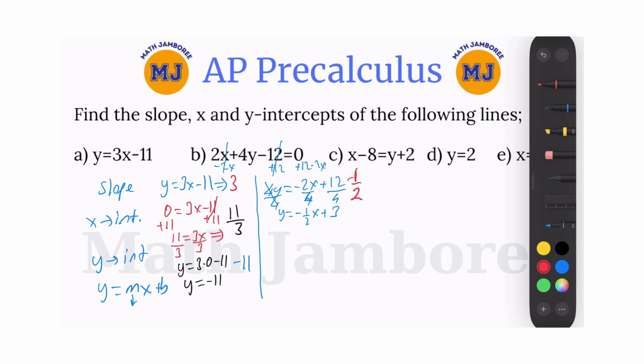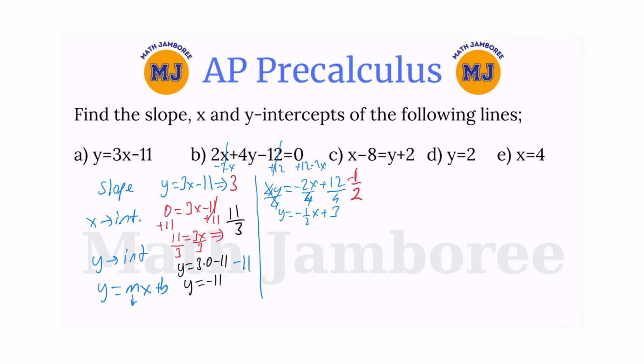And to find the x-intercept, we will put 0 for the y. 0 equals negative 1 over 2x plus 3. Take away 3 from both sides. This becomes negative 3. Negative 3 equals negative 1 over 2x.